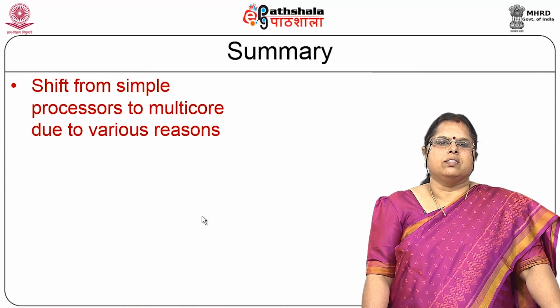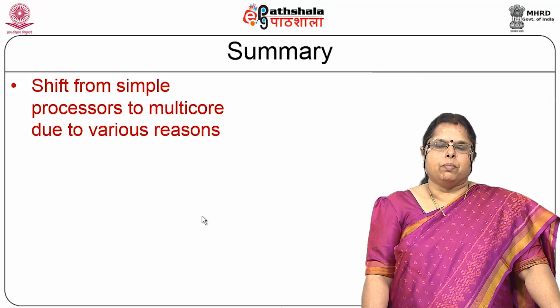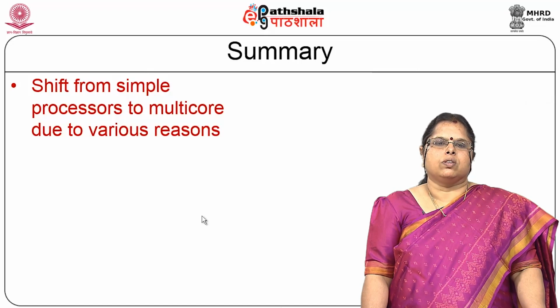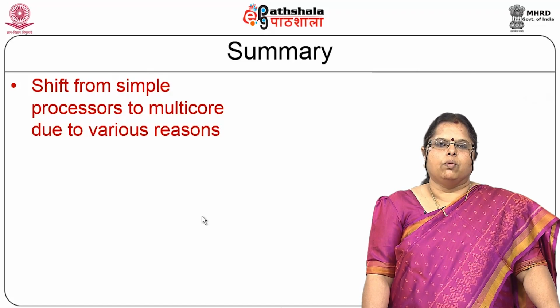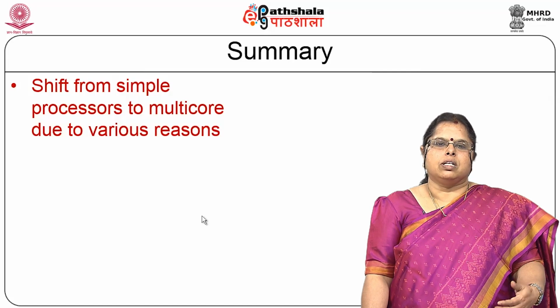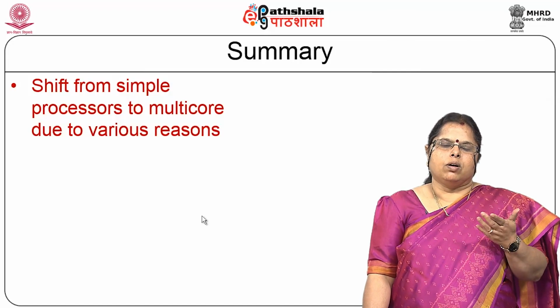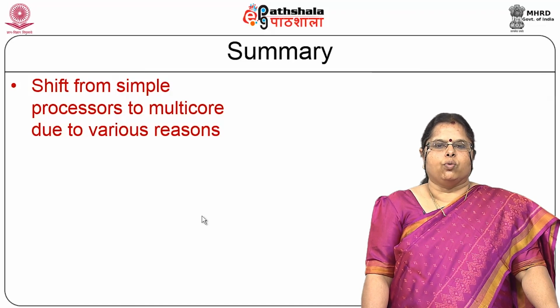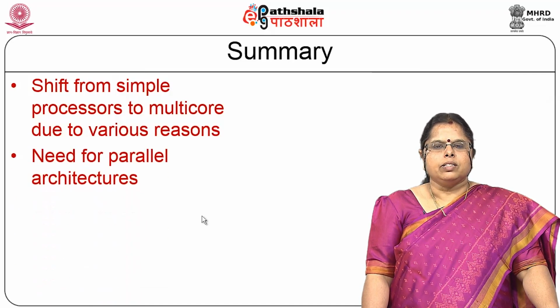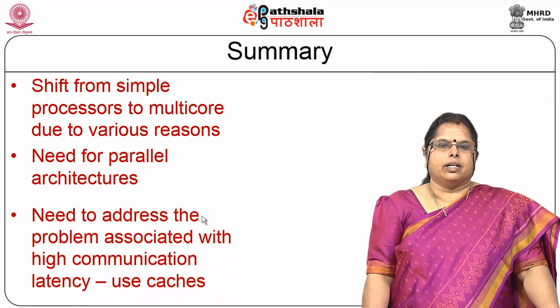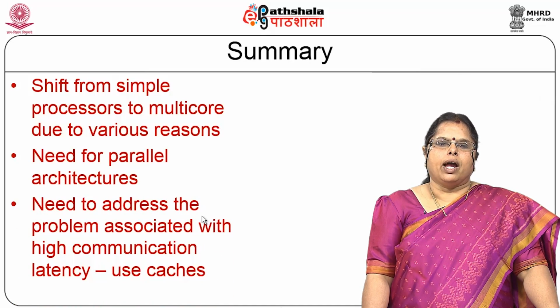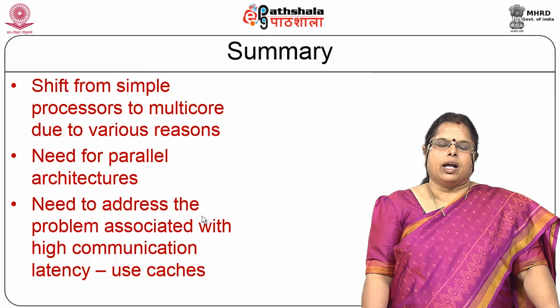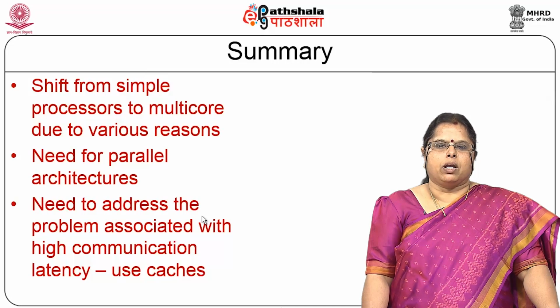So, to summarize, we have had a paradigm shift from uniprocessor systems to multi-core architectures due to various reasons, and there has been a need for parallel architectures, and you need to address the problem associated with high communication latency of parallel processors.